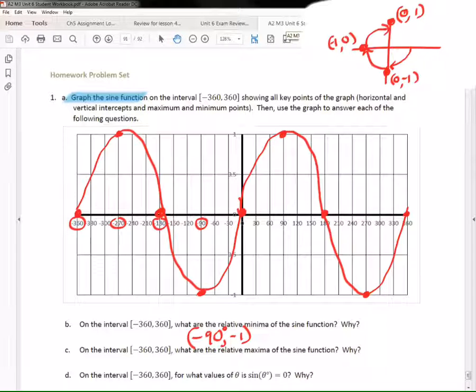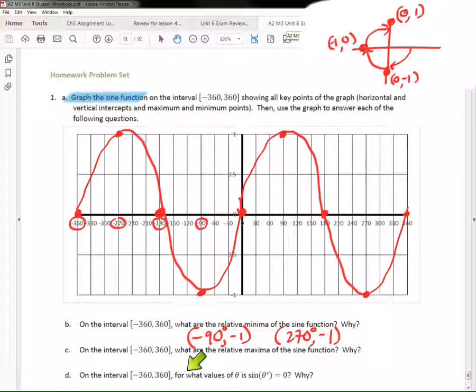That's negative 90 degrees. And then what's the degrees for the other one? 270. And what's the y value for that one? Negative 1. Right here, just down there. So those are my minimums. For the maximums, you're going to use 90 and 1 and negative 270 and 1.